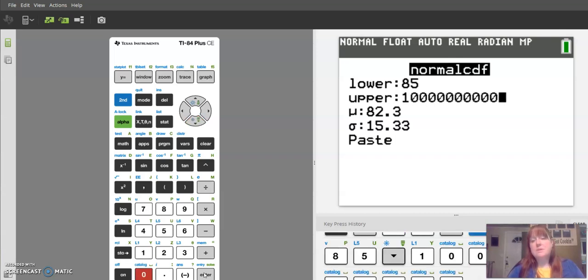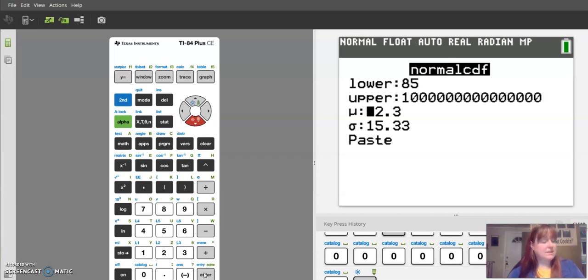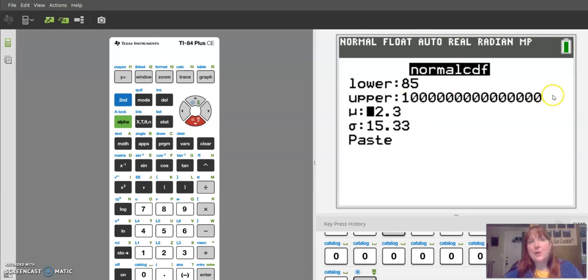You can just type in a huge number, or do it in scientific notation, but it's easier to just type a 1 and a bunch of zeros, because no one spends that long at a hot springs. There's nobody that spends that long. So this number is safe; it means infinity, the highest possible person we could get.